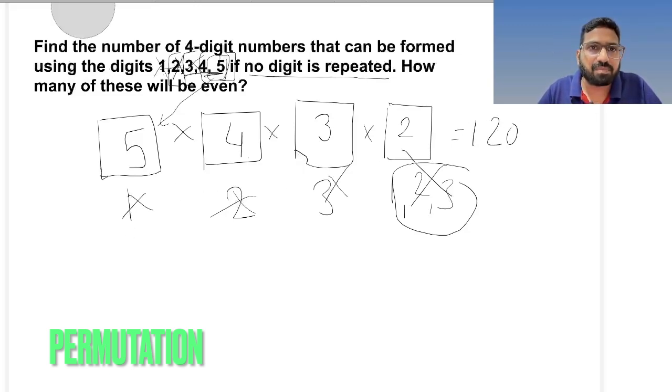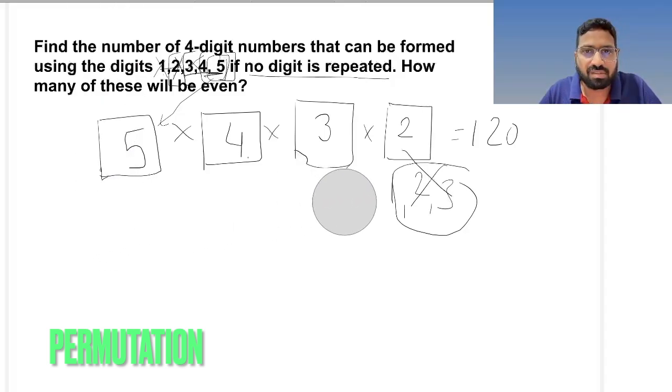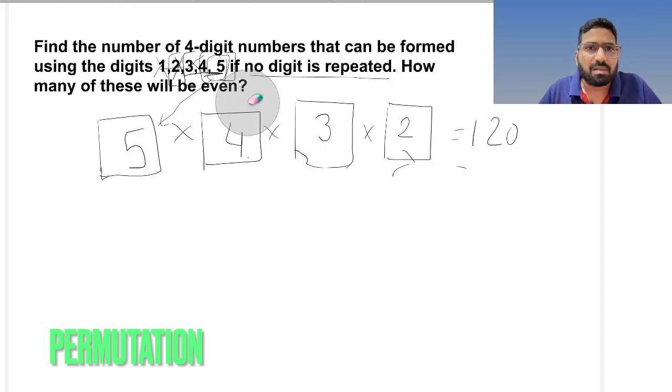So the first question, which says find the number of 4-digit numbers, the 4-digit numbers are this: the first digit, second digit, third digit and fourth digit, that can be formed using the digits if no digit is repeated. So 5, 4, 3, 2. These 5, 4, 3, 2 are not the numbers themselves.